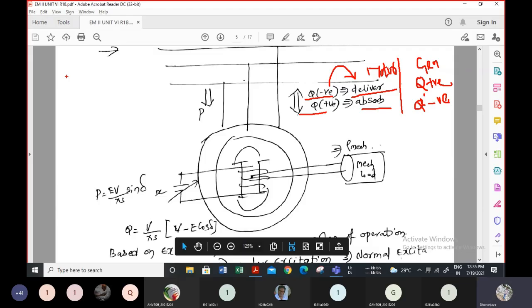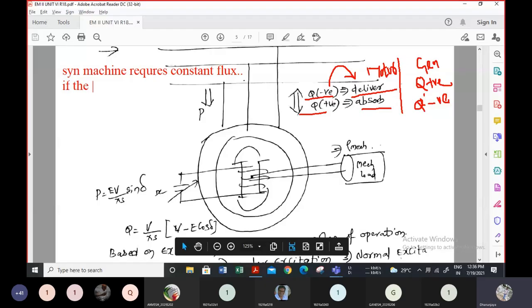If there is any excess or less amount of flux, then the reactive power will help the machine maintain the constant flux. I repeat, a synchronous machine requires constant flux. Synchronous machine means it can be a generator as well as a motor.